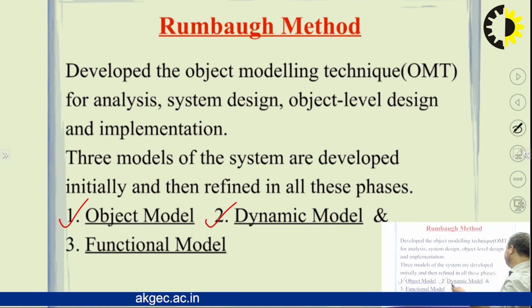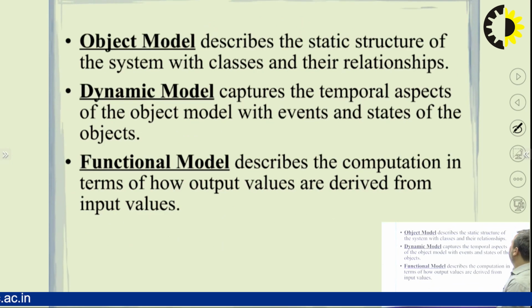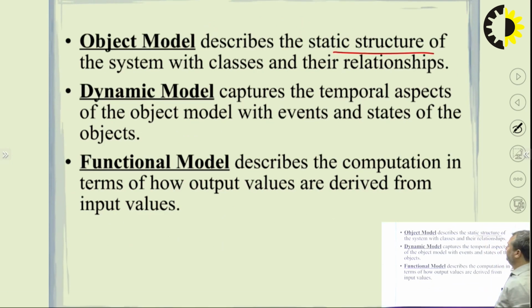Dynamic model means how things change dynamically. Functional means behavioral model. The object model describes the static structure of the system with classes and their relationships. Static means the names of objects, the attributes of objects and so on. So this comes under the object model.